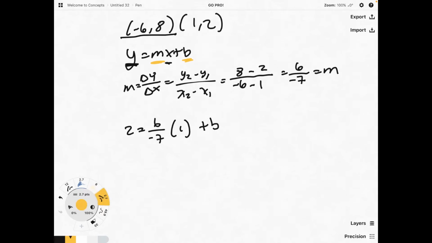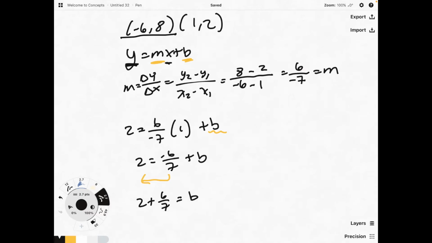Now we're solving for b. 2 equals -6/7 plus b. If we move -6/7 to the right side, we are left with 2 plus 6/7 equals b. From there, we simplify, and we see that b is equal to 20/7, which is equal to 2 6/7.